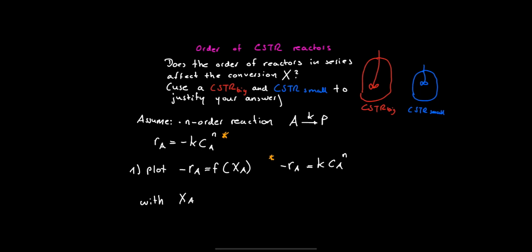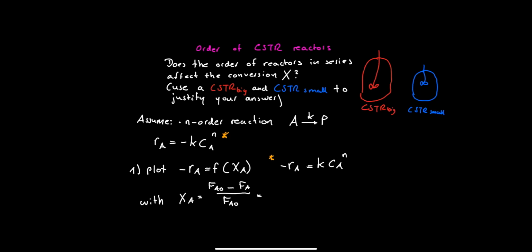So with the conversion of the species A being equal to the molar flow rate at the inlet of the species A minus the exiting molar flow rate of the species A divided by the molar flow rate of the species A at the inlet.